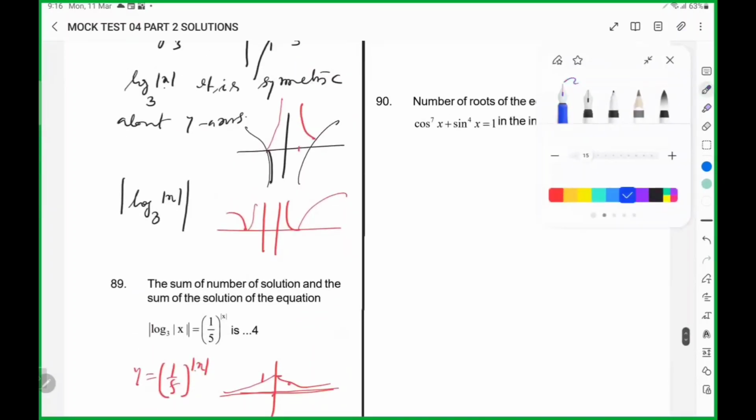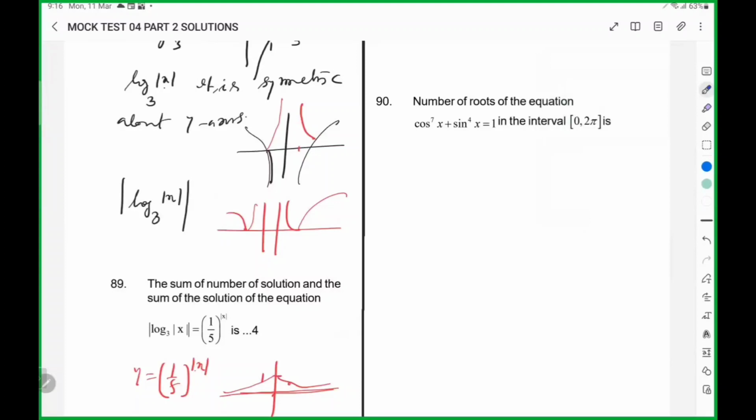Your final graph will be so how many points of intersection? 1, 2, 3, 4 points.